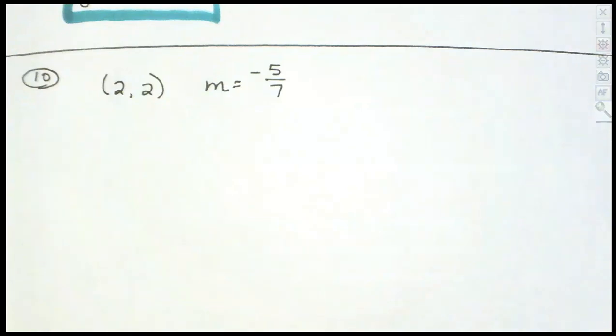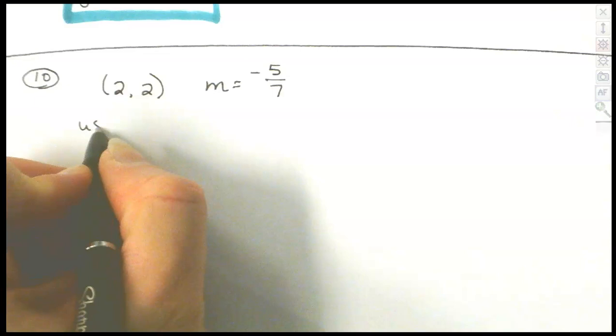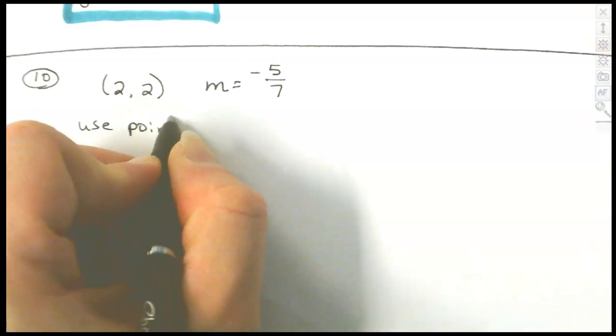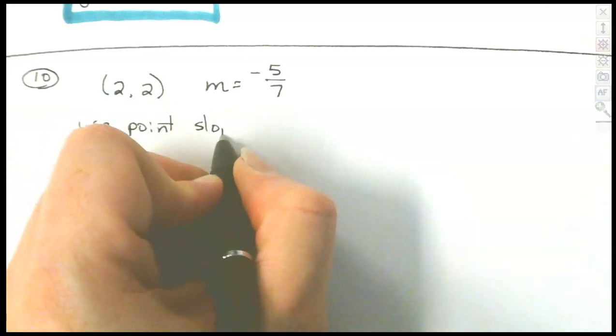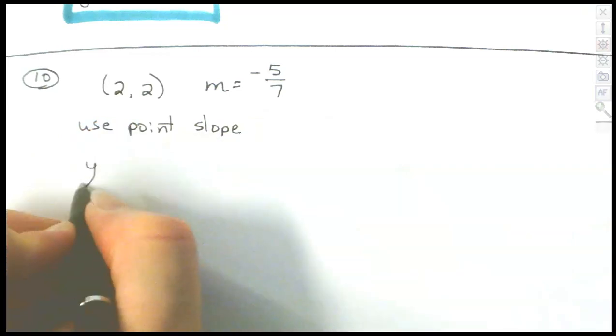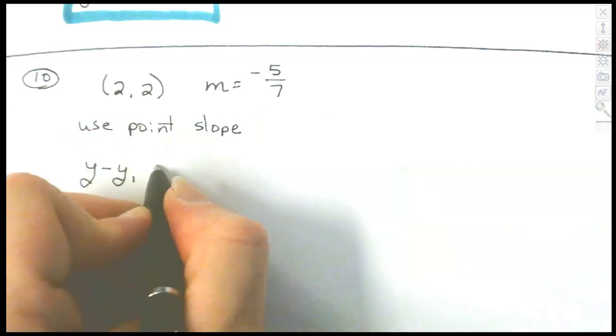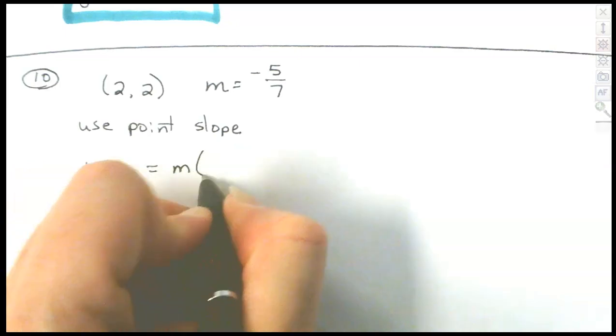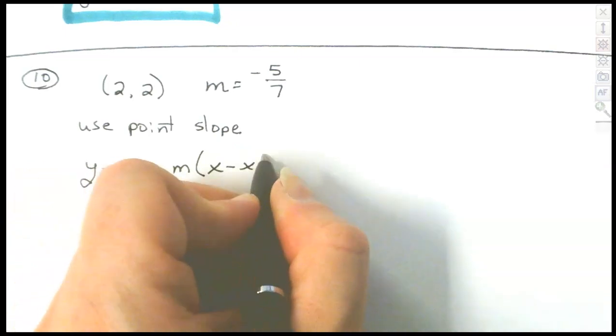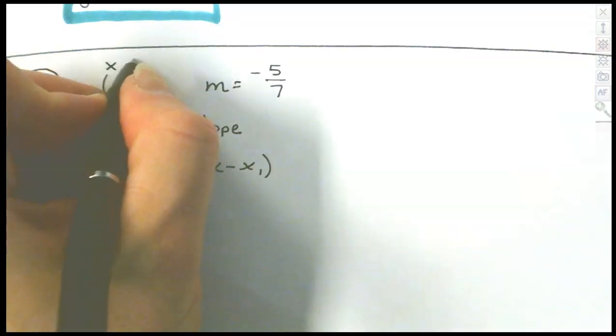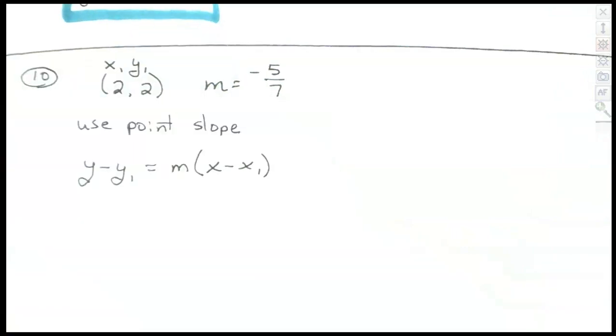What do we have? A point and a slope. So we use the point-slope formula, and that is y minus y1 equals m times x minus x1. And this is x1, and this is y1.